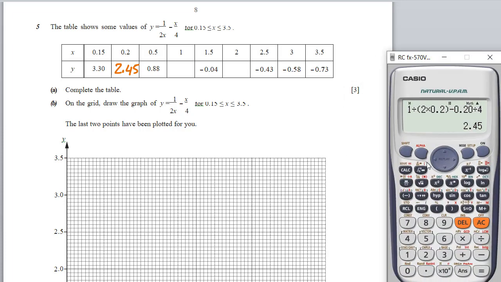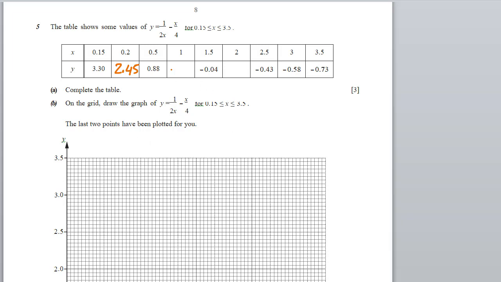So instead of 0.2, we will add x equal to 1.0, and we will add here 0.25.